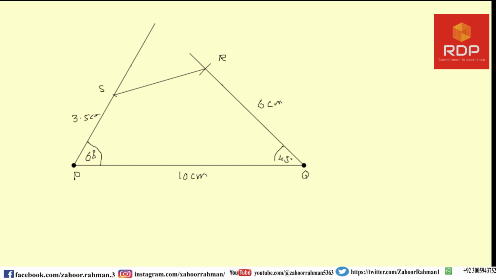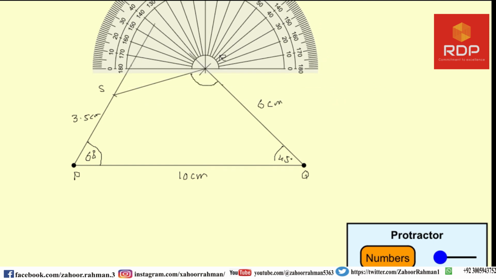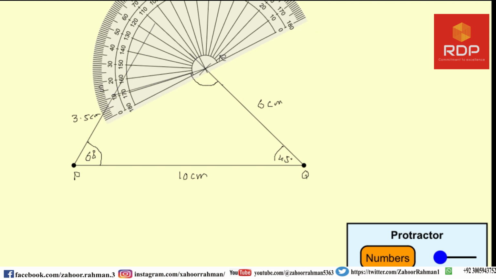Now in the first part they are saying measure and write down the size of QRS, and let me tell you that this angle is required. So for that we need a protractor, and let us bring it at this particular point like this.